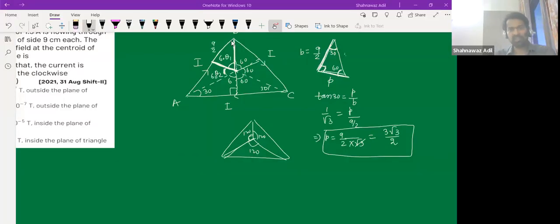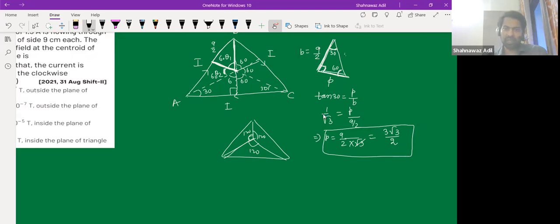If I point my thumb in the AB direction and curl my fingers, it is inwards.